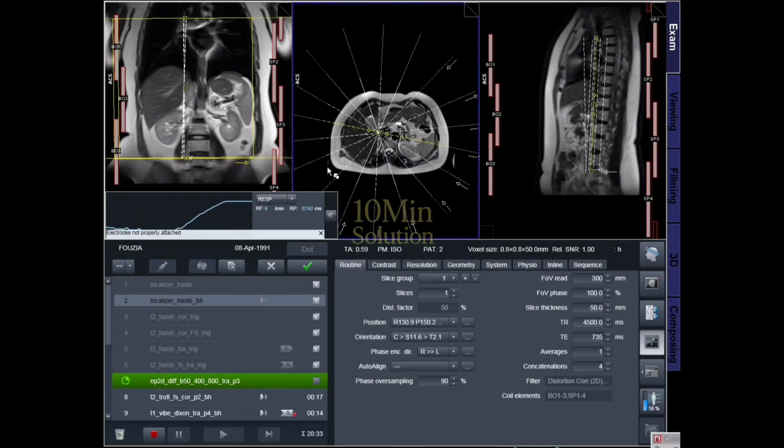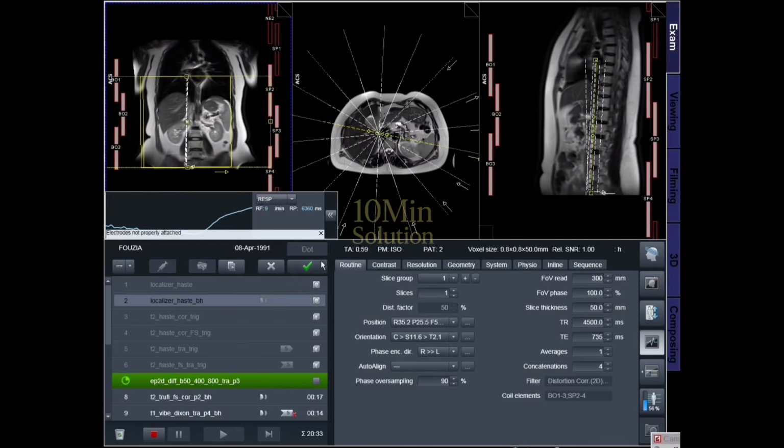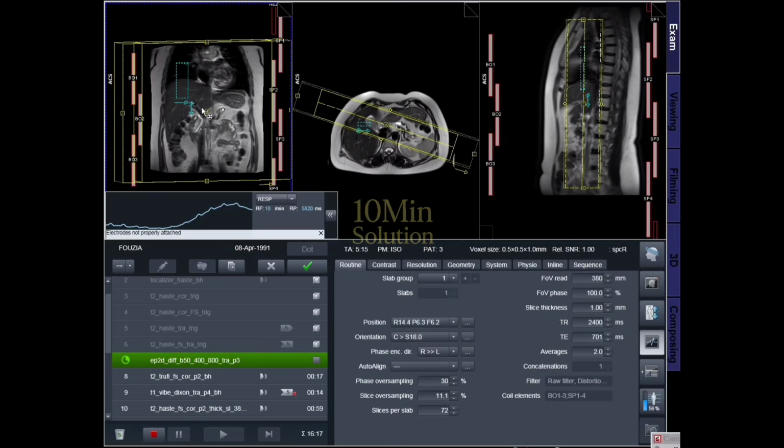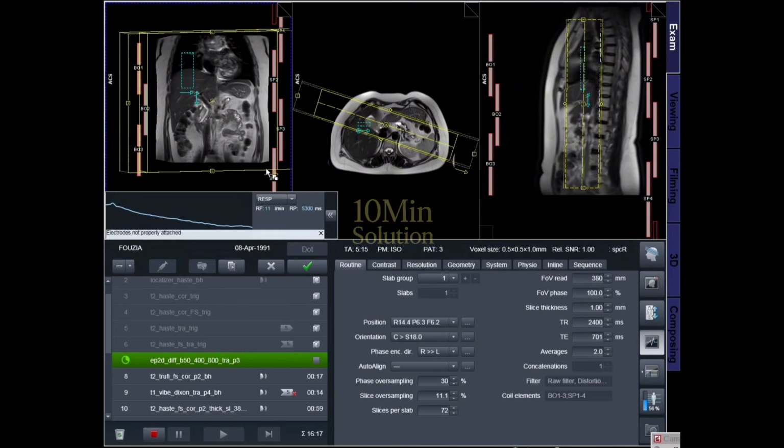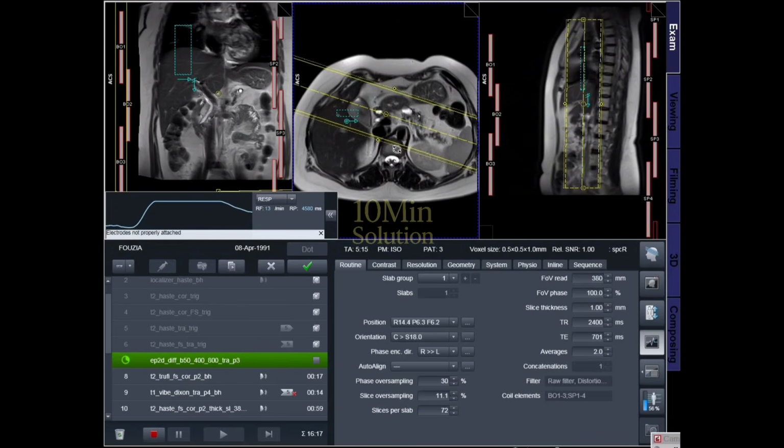Okay, now I nicely set up the planning. Now apply. This is coronal images and this is axial. Now I nicely set up the planning.